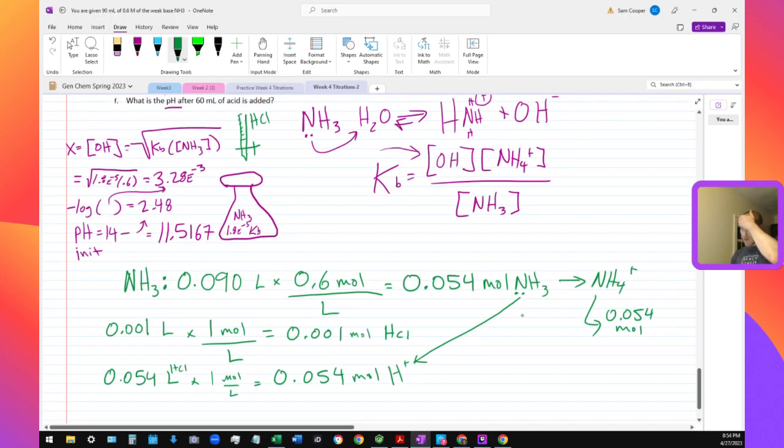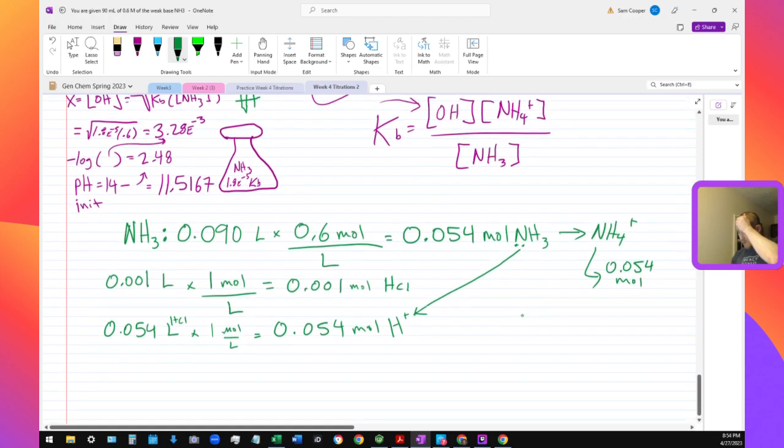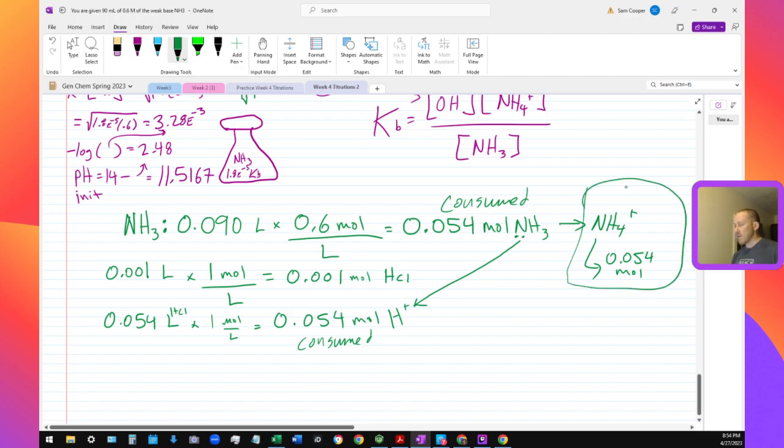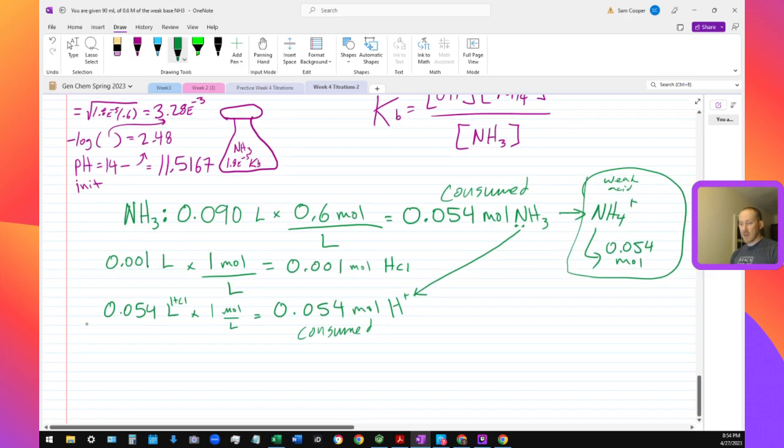And from there, we'll have consumed all of that, and we'll have consumed this. So we'll have an amount of this very weak acid, the conjugate acid, and I guess we should find the Ka of it.